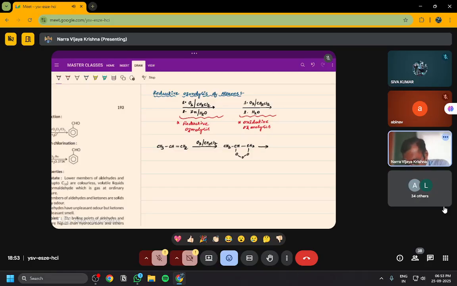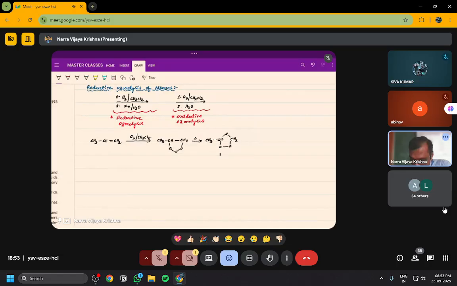Then it will rearrange by breaking another carbon-carbon bond. Now, in presence of zinc and H2O, or in presence of only H2O: if zinc is absent, this is called oxidative ozonolysis, correct? If zinc is present, this is called reductive ozonolysis.